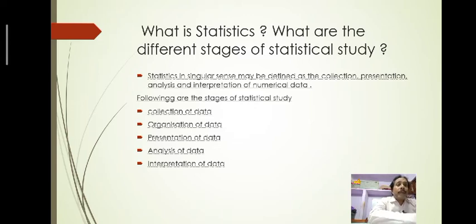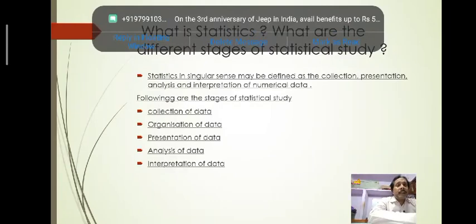So after presentation, we should use simple mathematical techniques so that we can easily analyze the data in a proper way. So what are the mathematical techniques? That is correlation, regression, dispersion, etc.